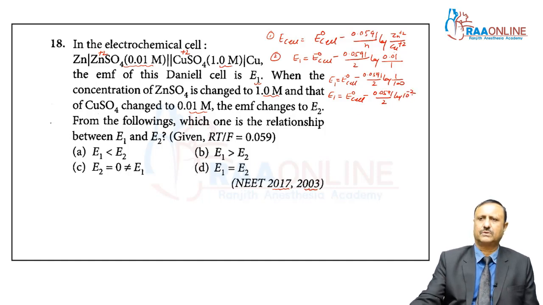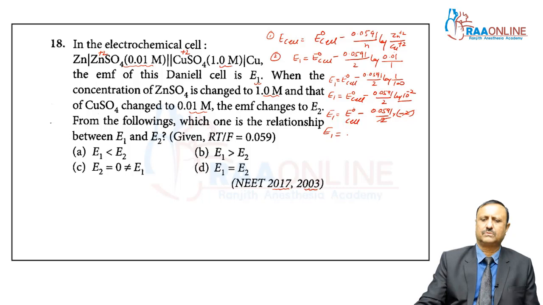Here, my dear students, log 10 to the power minus 2 means minus 2. So E1 is equal to E cell minus 0.059 into 1 upon 2 into minus 2. Now this 2 is cancelled by 2.